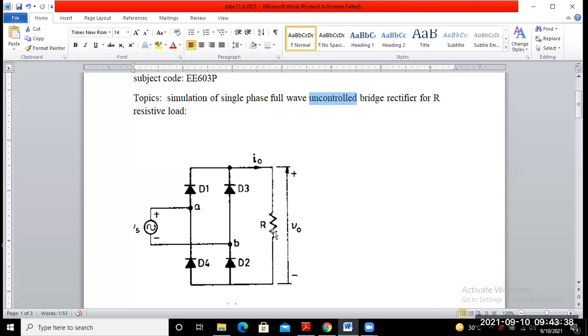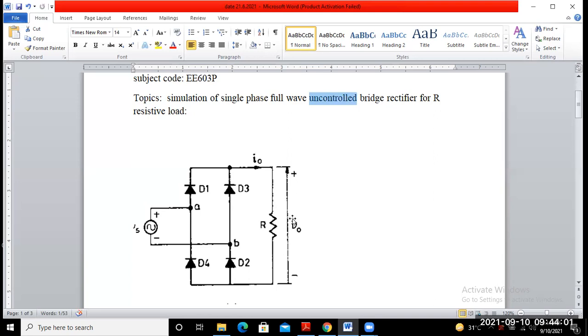Okay. So now we will try to see the various waveforms of the various components. That means the output voltage waveform, input voltage waveform, voltage across the different diodes, and output current waveform. Okay, and just after that we will try to find out some output parameters.